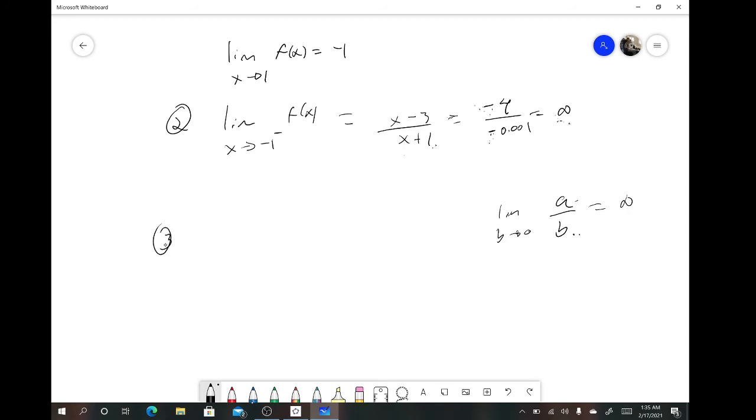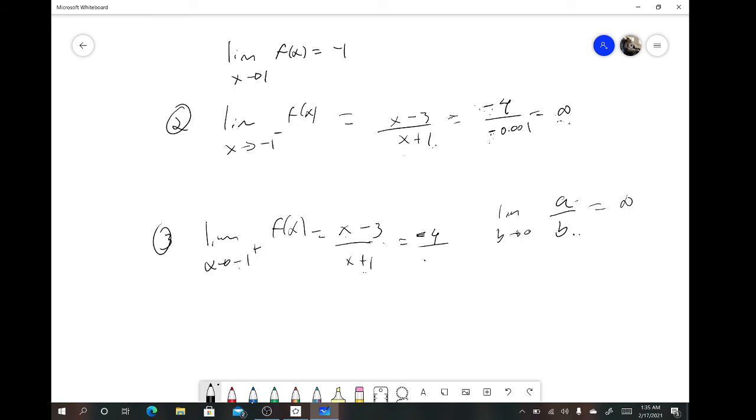Similarly, if you were to do it from the right side, limit as x goes to -1 now from the right side of f of x, then we have a similar situation, x minus 3 on the top, x plus 1 in the bottom, the factor version. But now, the top is still going to be -4, because if you plug in -1 in the top, you're still going to get -4.